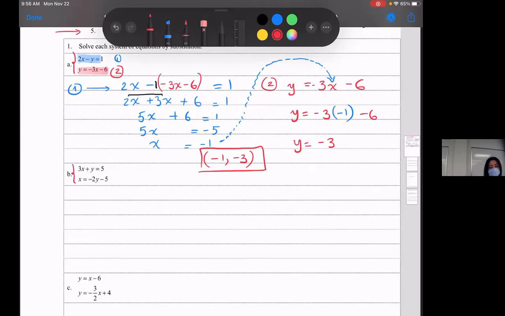Please solve problem 1B and put your answer in the chat. One of the equations is already solved for, so use that.